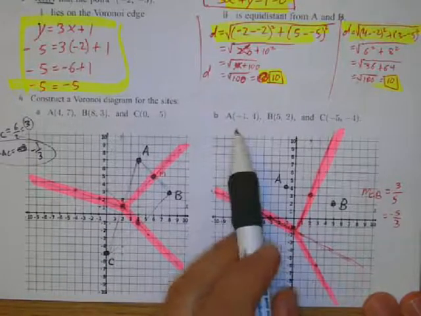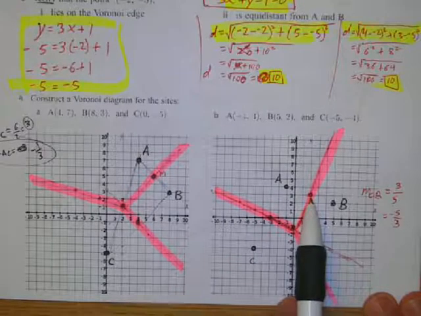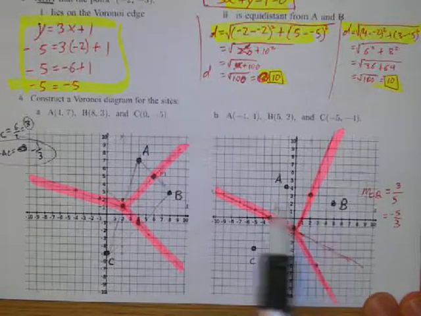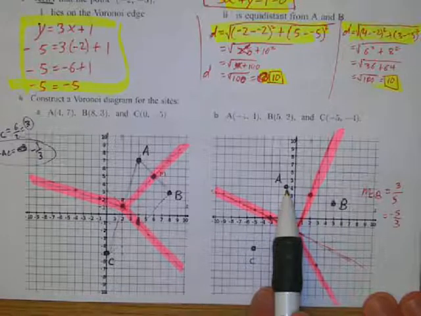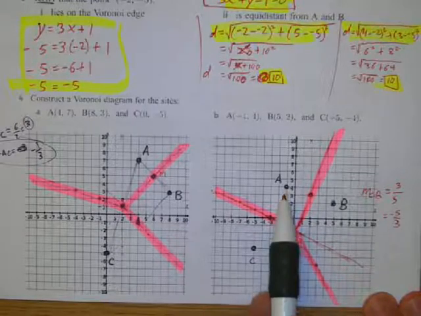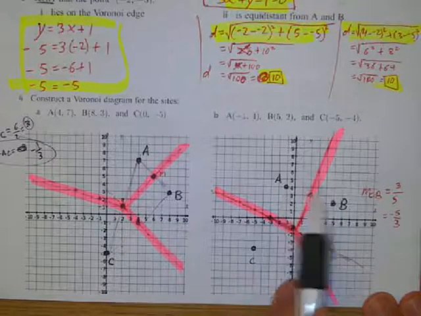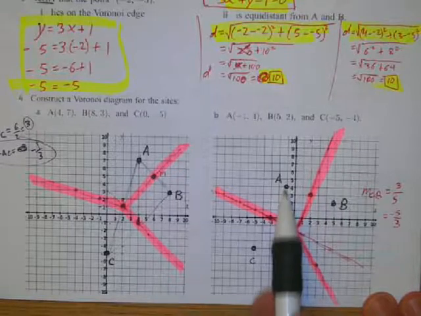So once again, I plotted these points here. I figured out the midpoint, and I figured out the slopes. So from A to B, the change in the x from here to here is 6, and change in the y is 2.